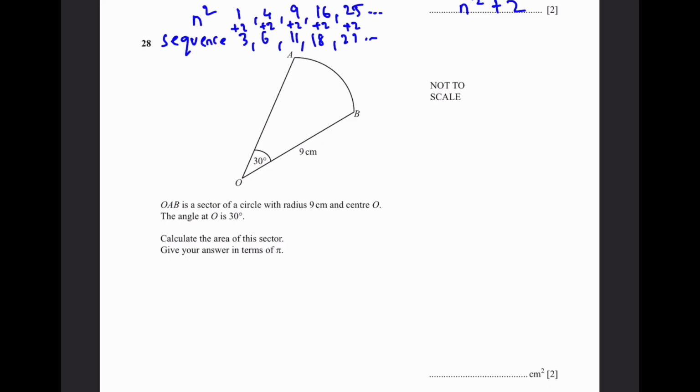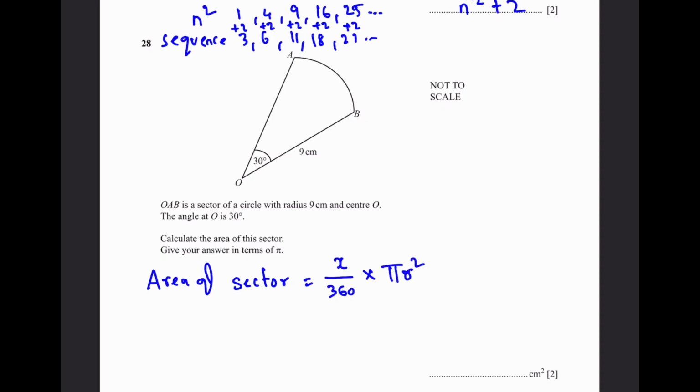Question 28. OAB is a sector of a circle with radius 9 centimeters and center O. The angle O is 30 degrees. Calculate the area of this sector. Give your answer in terms of pi. So the area of a sector is equal to x/360, where x is the angle at the center, which is equal to 30 degrees, multiplied by the area of a circle, which is pi r squared.